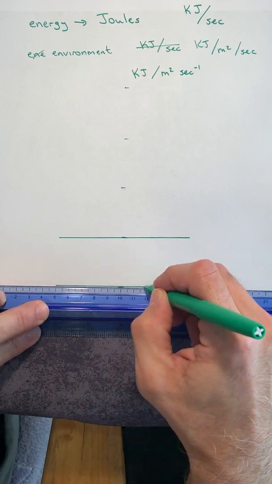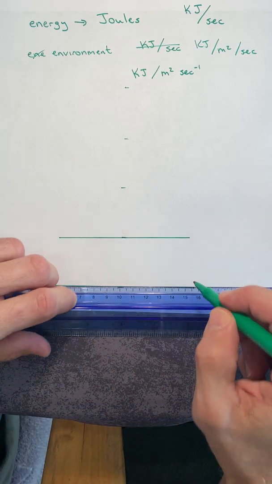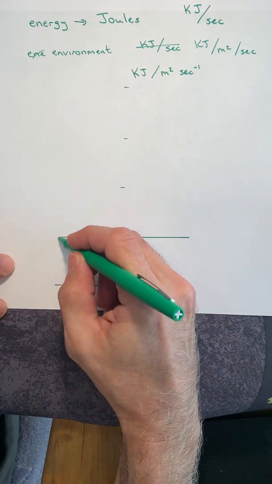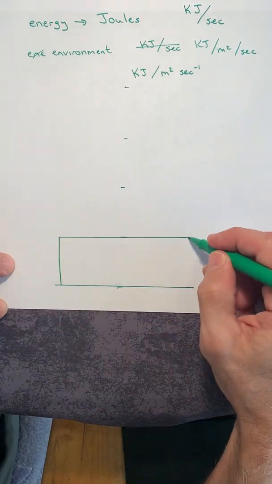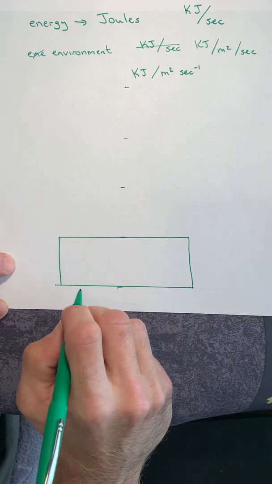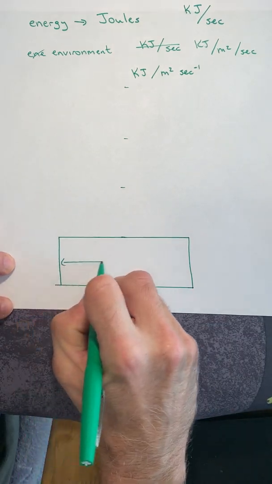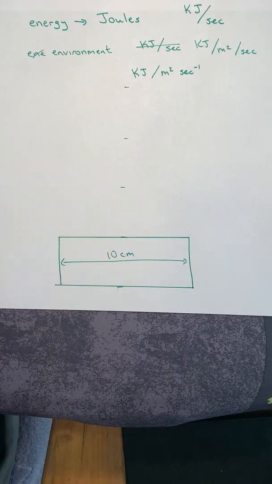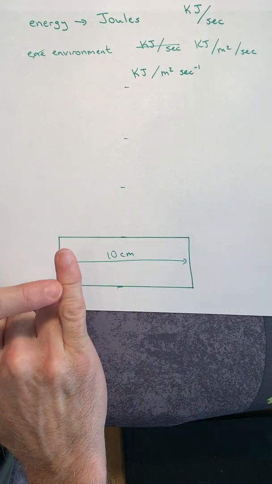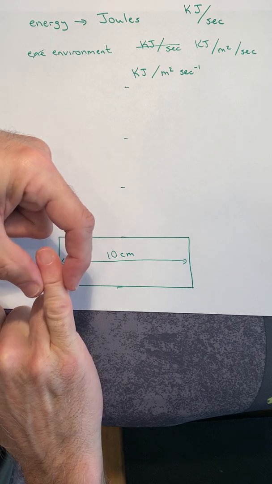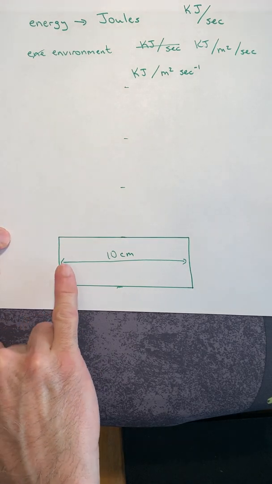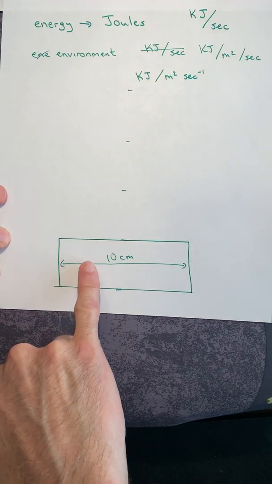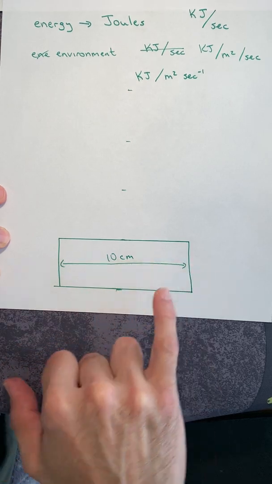And there's 5, and there's 10. There we go. Okay, so make this 10 centimeters. Now, if you don't have a ruler, all right, the width of your pinky is right about 1 centimeter. From here to here is about 1 centimeter. So if you don't have a ruler, draw a box that's 10 pinkies wide, okay?